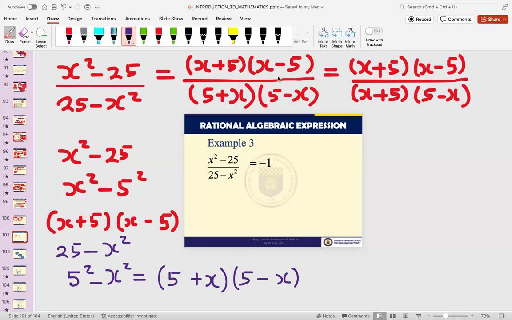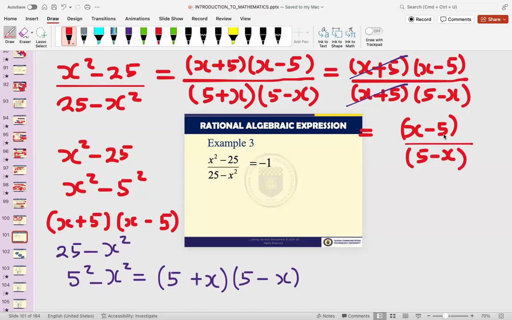So we do some cancellation. This x plus 5 will cancel this x plus 5. Then the expression reduces to x minus 5 divided by 5 minus x.